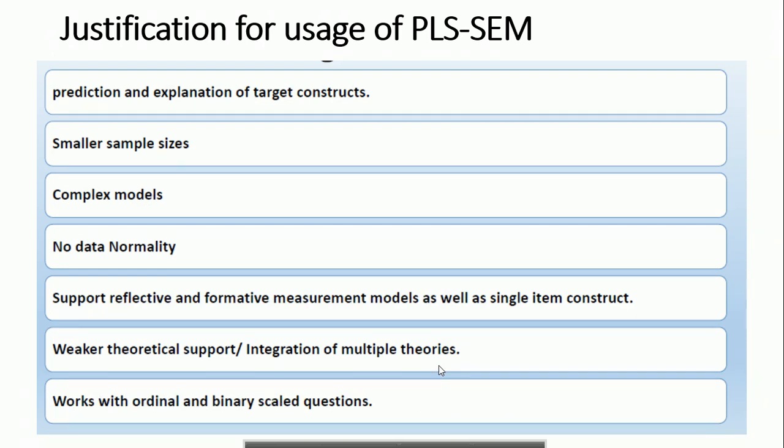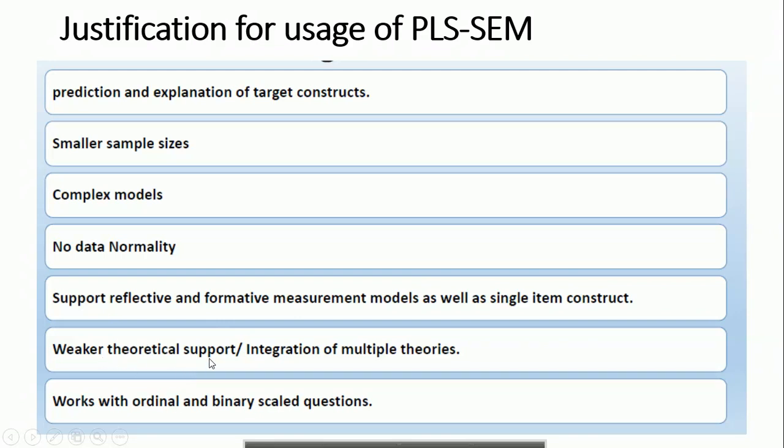So why do we use SmartPLS, or what is the justification? As I said, first it is prediction and explanation of a target construct. We don't need a very solid theoretical justification. It suits small sample size, complex models, no data normality, supports both reflective and formative measurement models as well as single-item constructs.